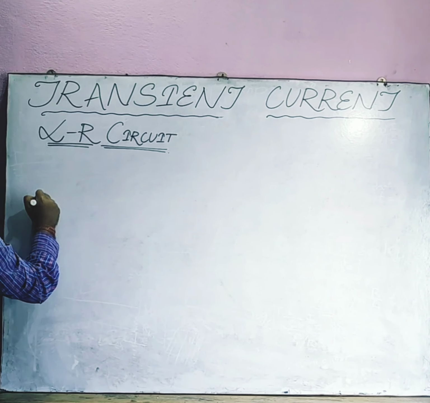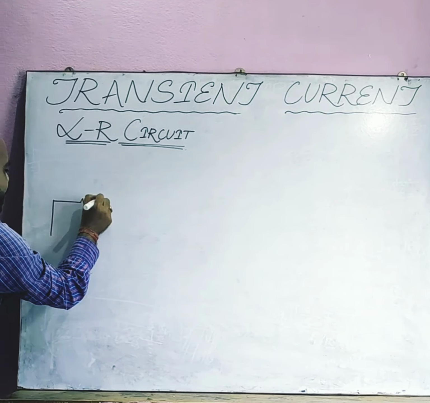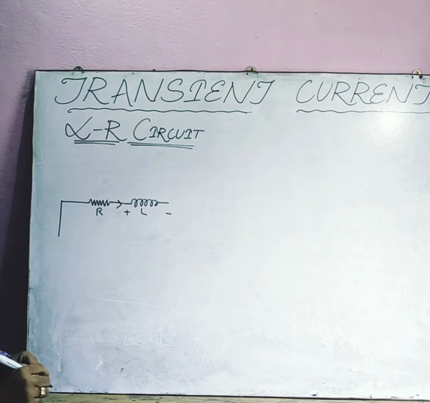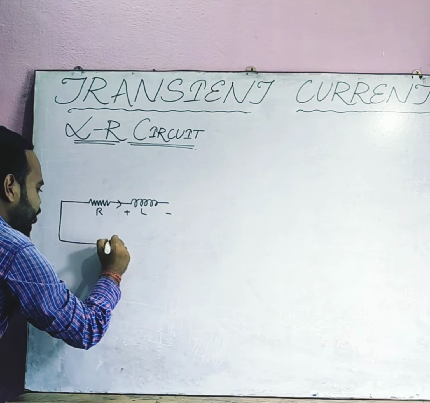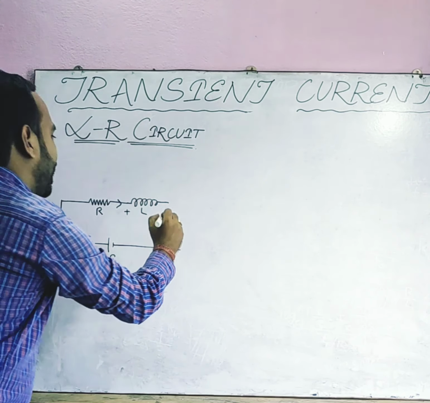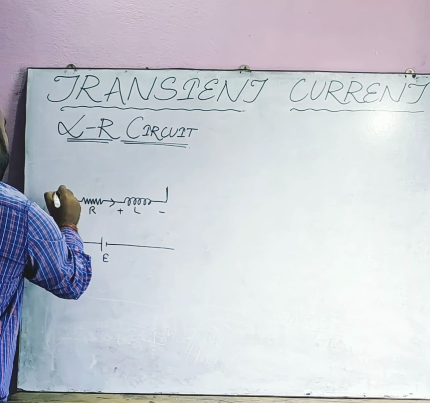First, consider a resistor having resistance R, which is connected in series with an inductor having inductance L. Now, this is connected to a source of EMF E, and the circuit is connected to a switch.